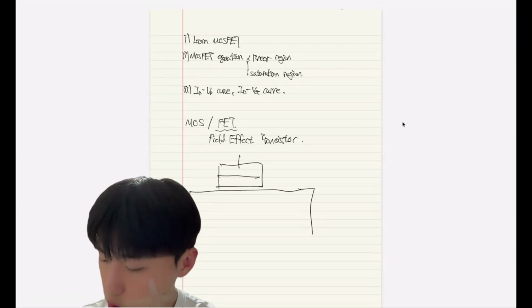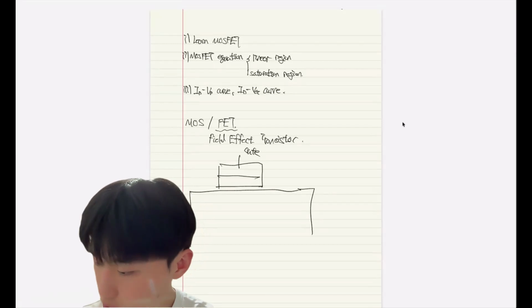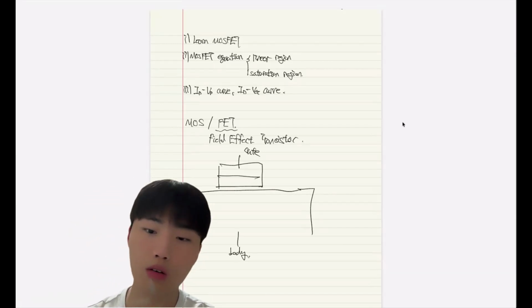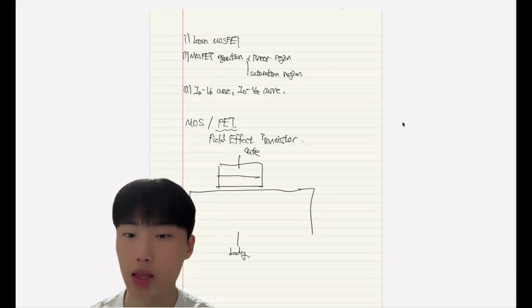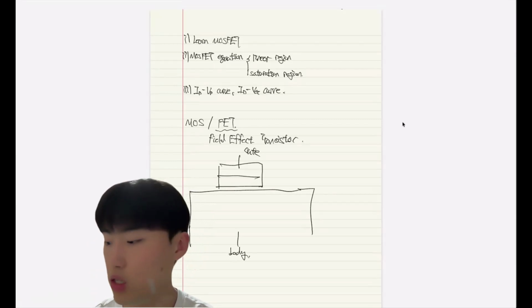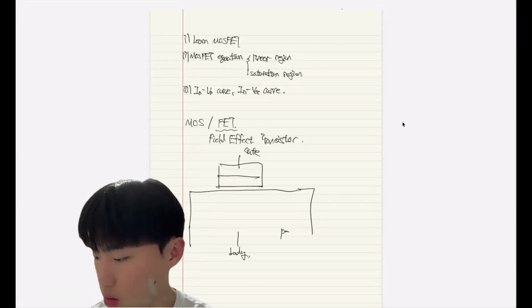We call this part the gate and this part the body. First we will use a P-type semiconductor for the semiconductor part, so we will call this part P sub.